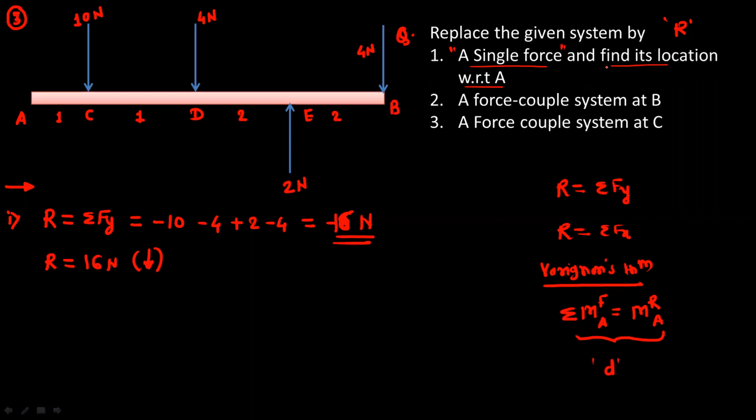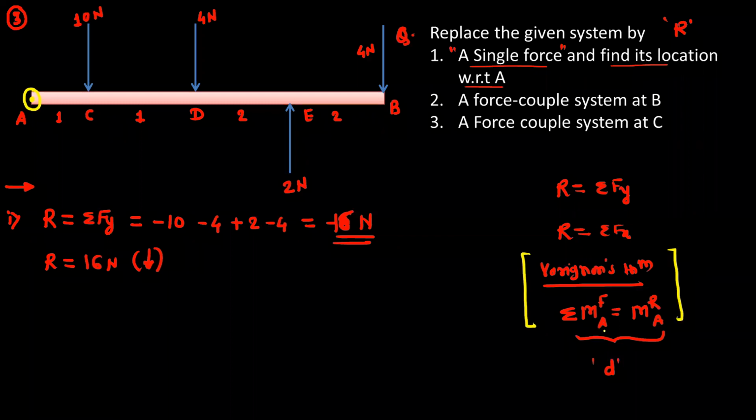Now next is find its location with respect to point A. With respect to this point, we have to find out the position of the resultant. For that, we have to use the Varignon's theorem.